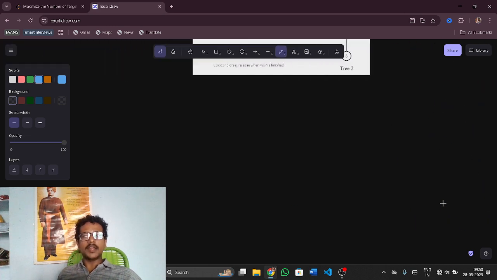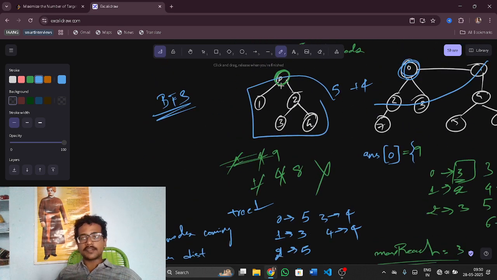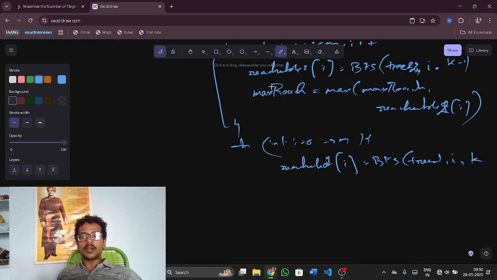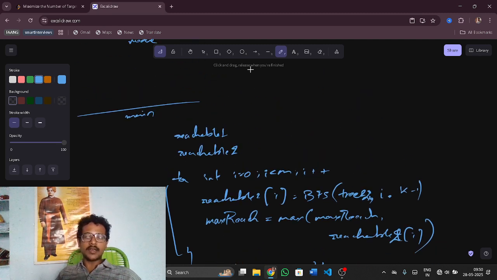So why? That means I need till k for tree 1, as I went till k minus 1 for tree 2. Now I'll initialize an answer, and don't forget to initialize max reach, instead I'll be just taking it with 0.